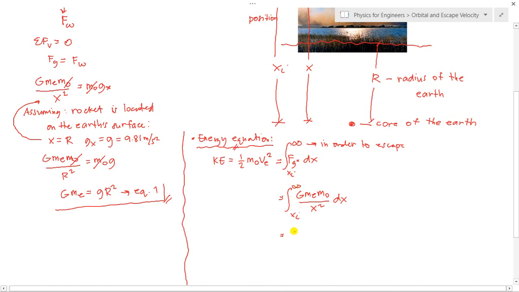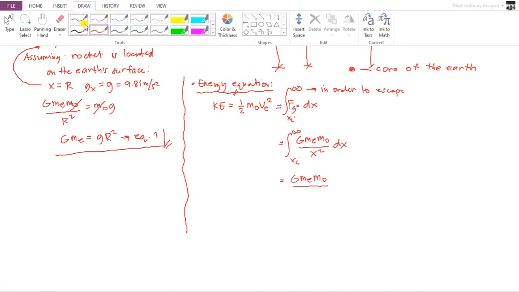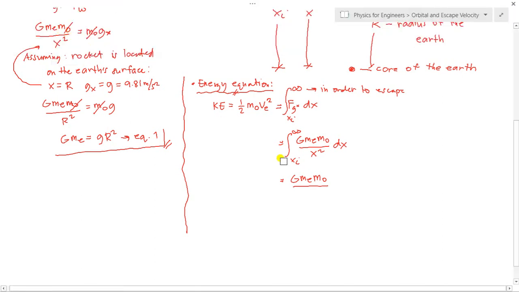So we can extract the constant outside. So we now have G M_E M_O, but we cannot extract the x, since x is the variable.